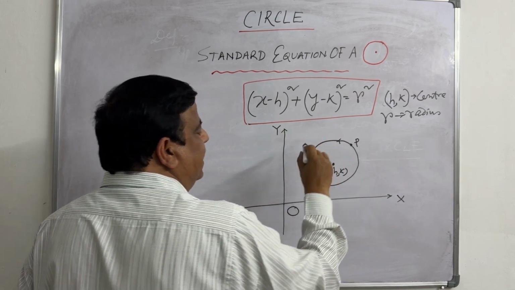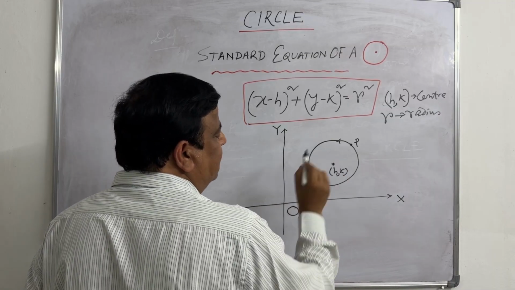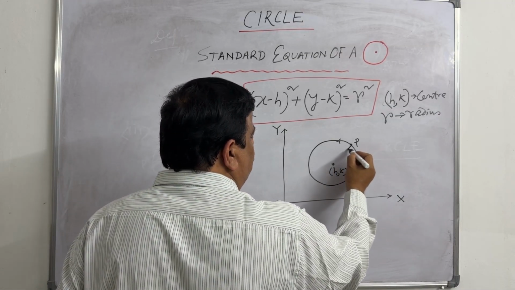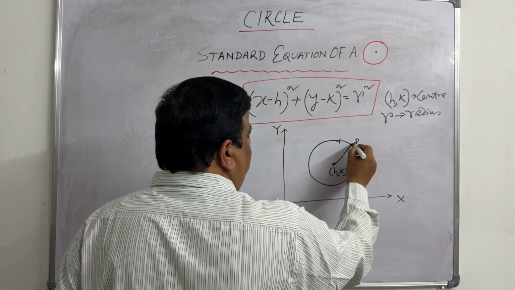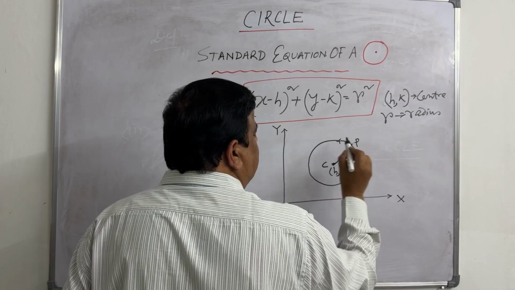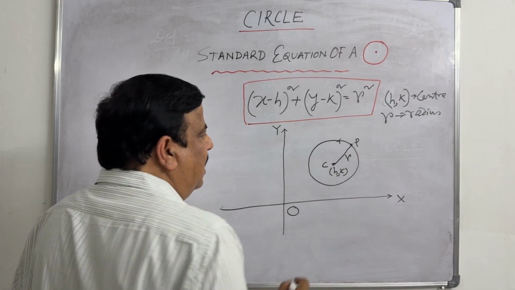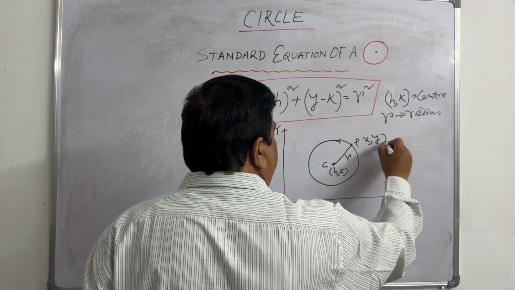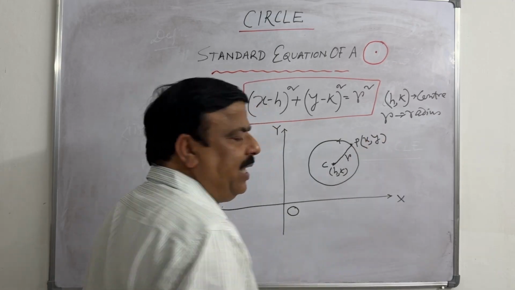Okay, it is moving around this fixed point called center such that the distance between these two, P and C, is constant, called radius, and say the coordinate of the moving point at any instant of time is x, y.